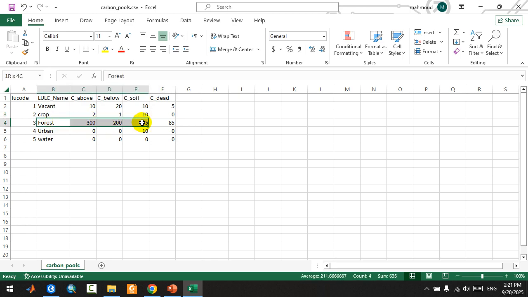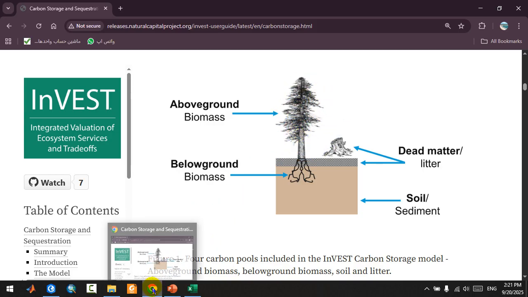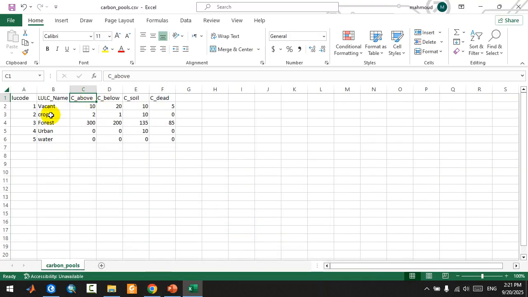In the forest, the high mass carbon storage in the above ground is the matter in the canopy, leaf, branch, and other canopy of vegetation and trees. Above ground in the forest is 300 metric ton carbon per hectare for forest land.